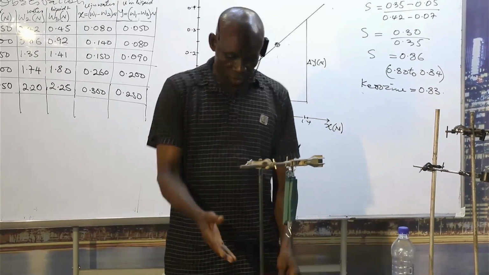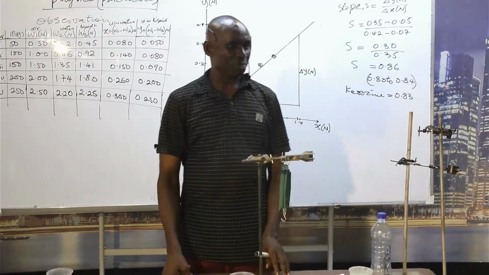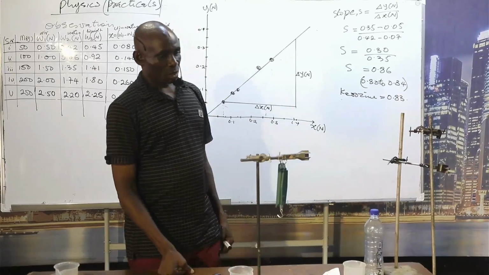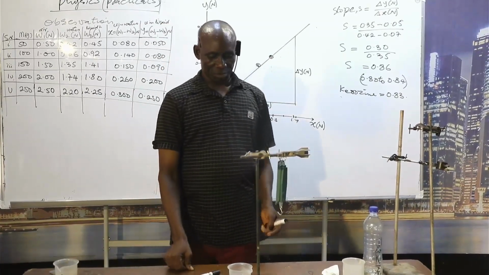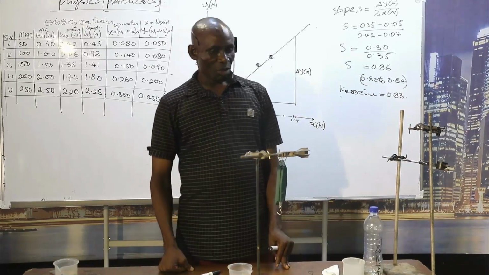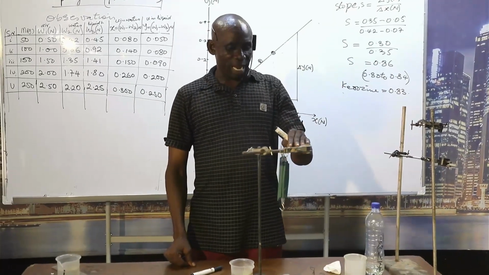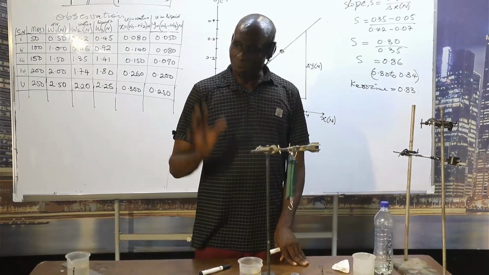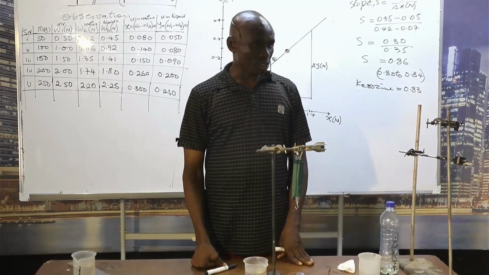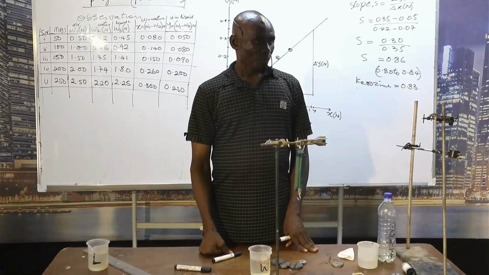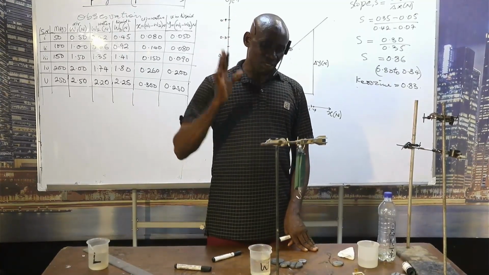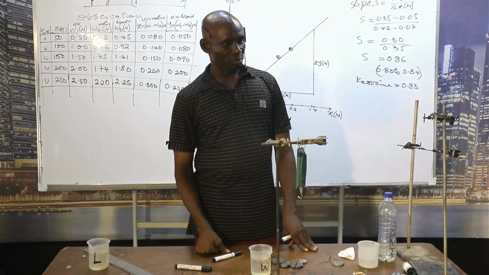The reading will change, which actually happened to us here during the experiment. Now, number three, I suspended the spring balance on a rigid support so that it can be stable throughout the experiment.